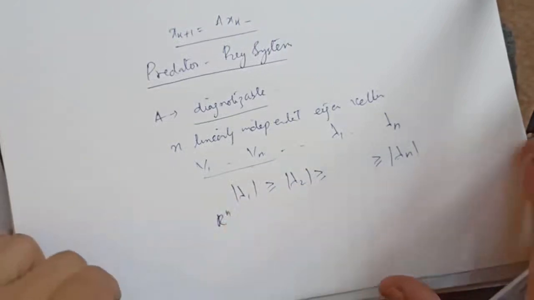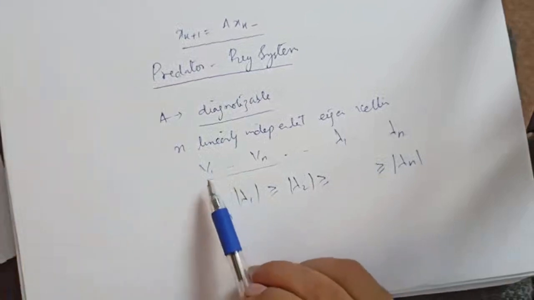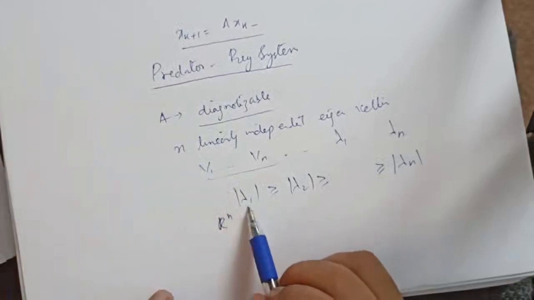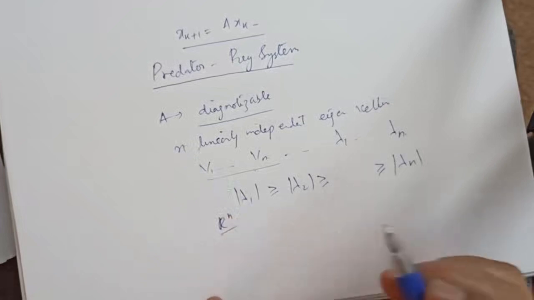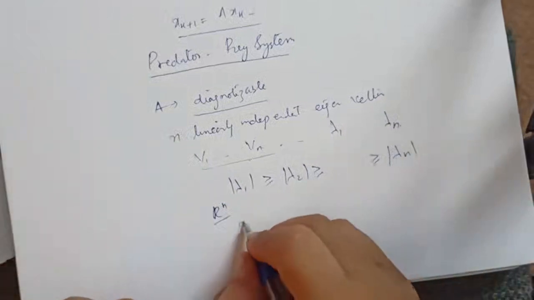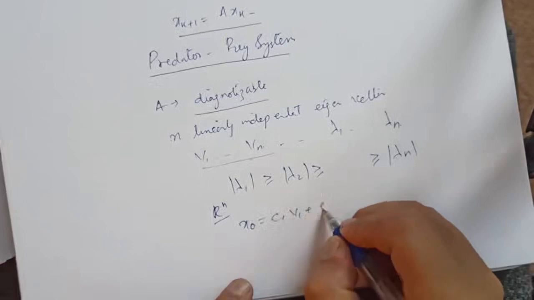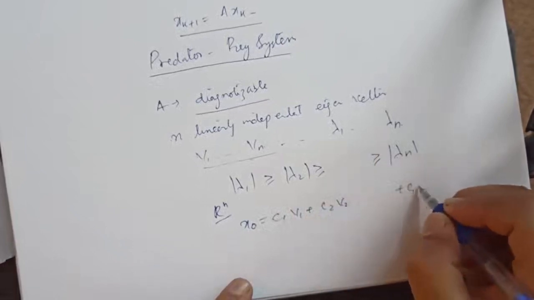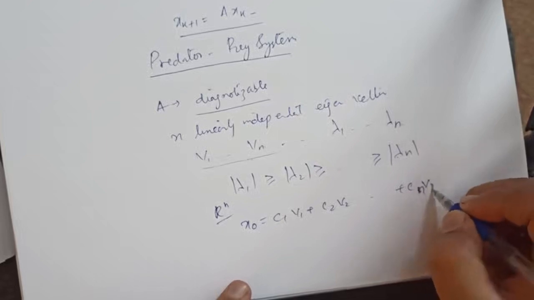As you have seen in our previous lectures, these eigenvectors corresponding to the eigenvalues of the matrix A can span Rn. It means that any starting point x0 in Rn can be written as c1 times v1 plus c2 times v2 up to plus cn times vn.